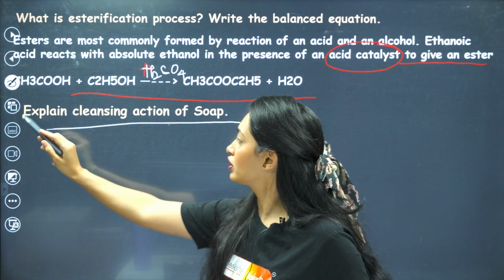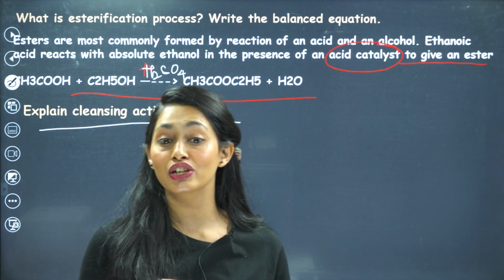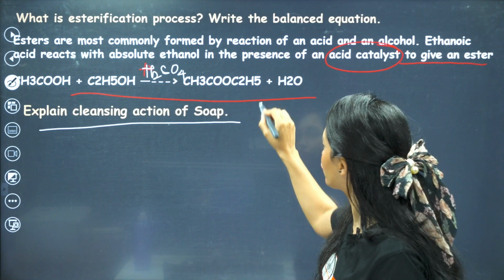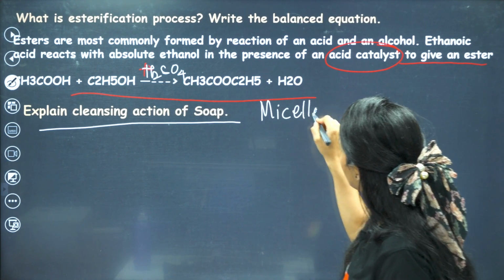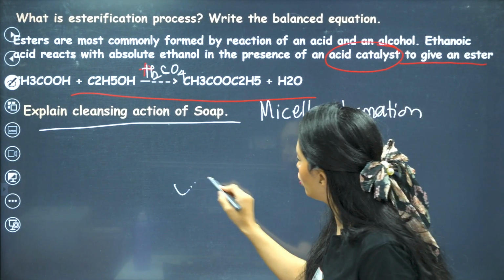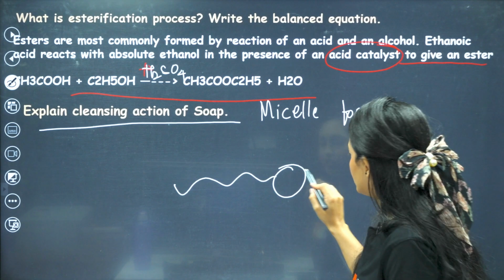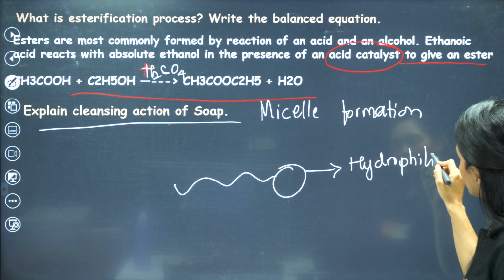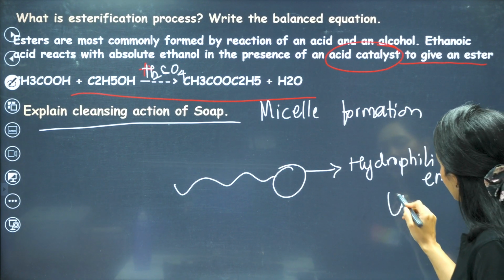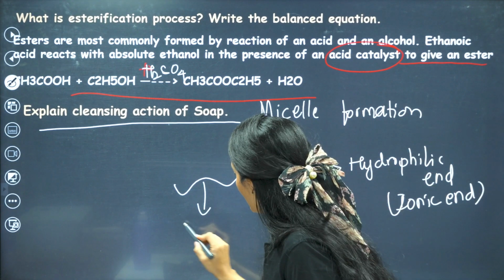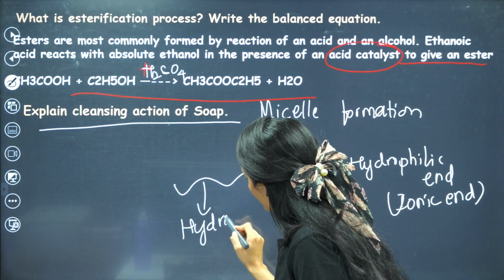And last but not the least, explain cleansing action of soap. Here you need to describe micelle formation, guys. In order to describe micelle formation, you need to know two things. This is the hydrophilic end, the ionic end of the soap, while this is the hydrophobic tail.